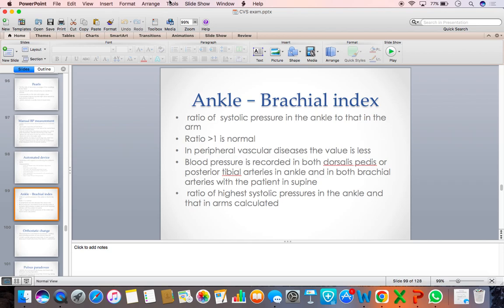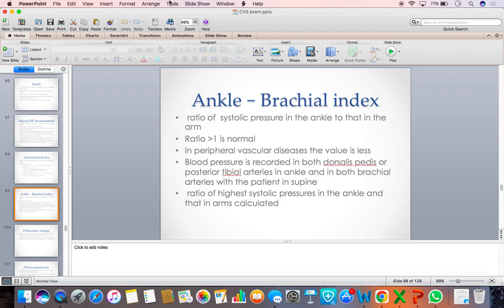The ankle brachial ratio is the ratio of the systolic pressures in the ankle to that in the arm. The systolic pressure recorded in the ankle is usually higher than that in the arms. So the ratio is more than 1. So more than 1 ratio is normal, right? But in peripheral vascular disease, the value is less.